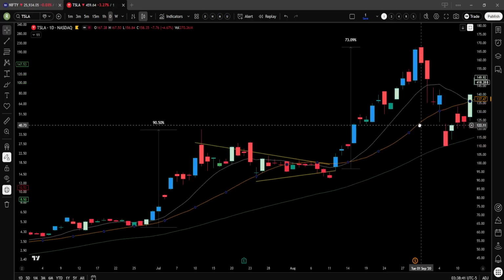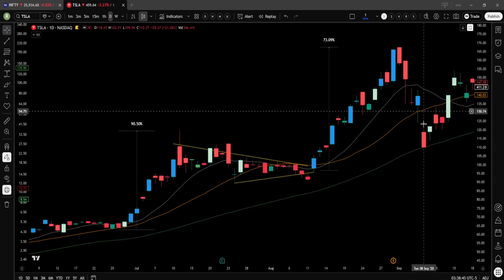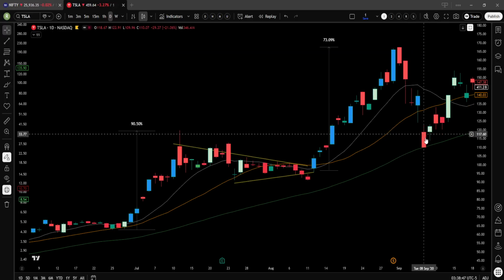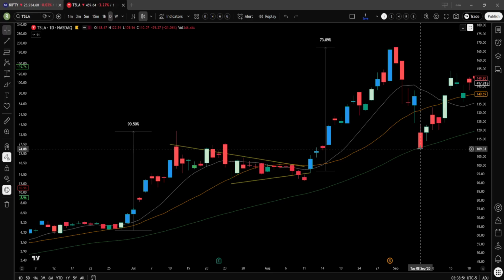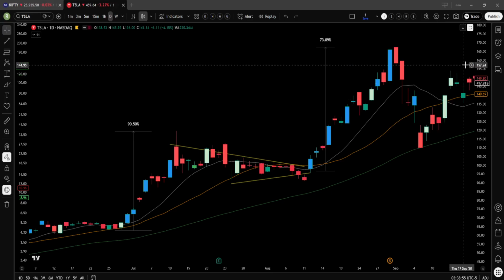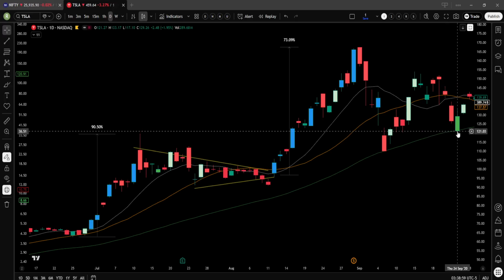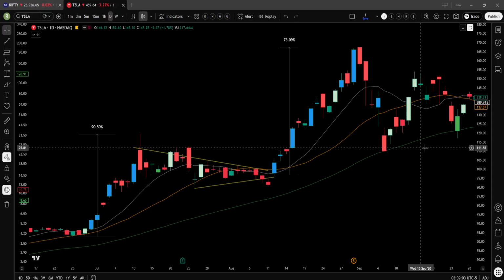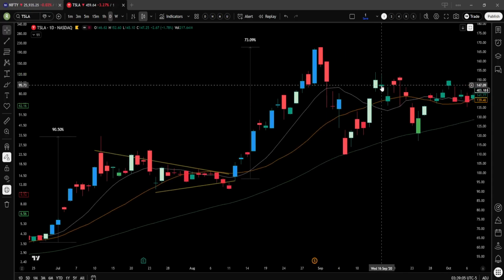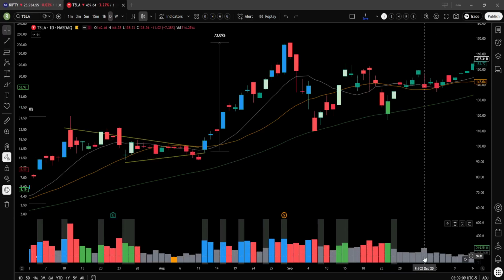Then again, same pattern, the stock started correcting. This time the correction was much more, like the stock corrected up to the 50 moving average, but you can see it bounced right from the 50 moving average and started making higher lows. Again it came back to the 50, but it's surfing on the rising 50 moving average, and the stock is getting tighter and tighter, and you can also see the volume dry up right here.